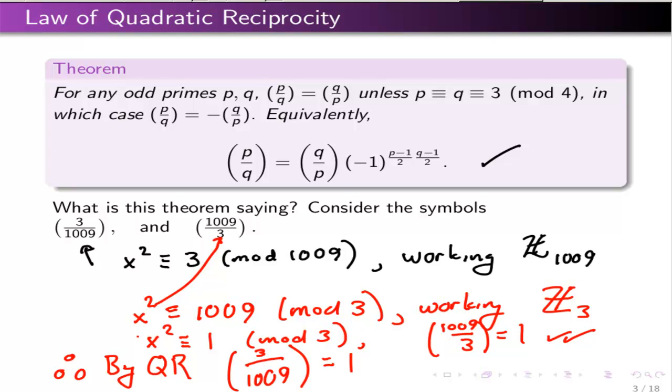So knowing this simple fact, that 1 is a perfect square mod 3, tells us that 3 is a perfect square mod 1009. A remarkable fact.